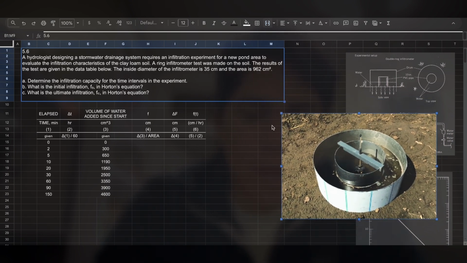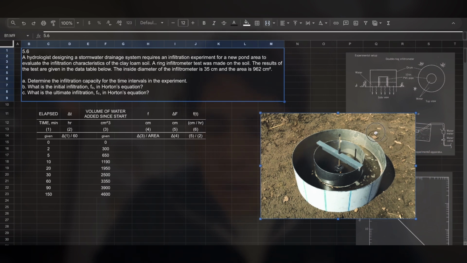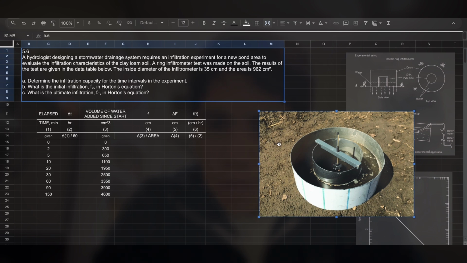So it's talking about an infiltration experiment, a double ring infiltration test, which looks like this. This consists of putting these two rings on our study area, and you pour water into these rings. And this right here in the center is a float.